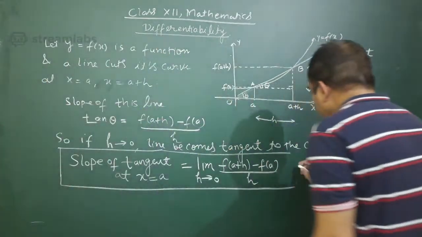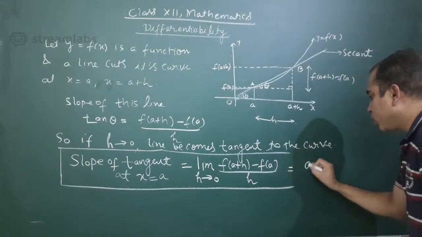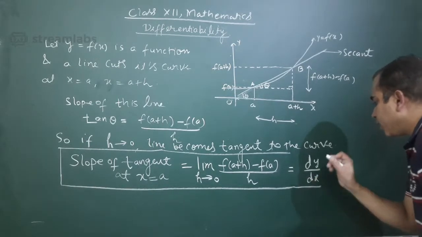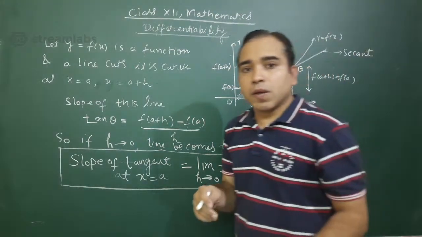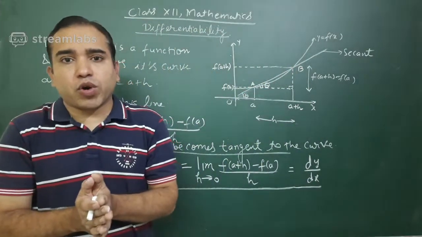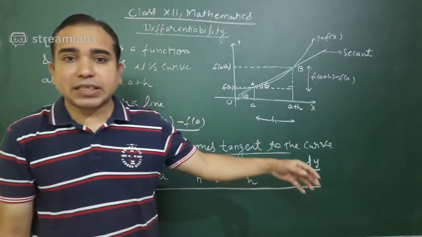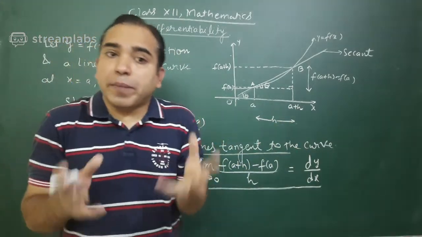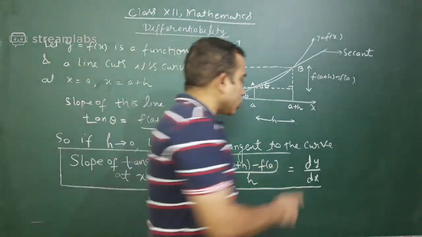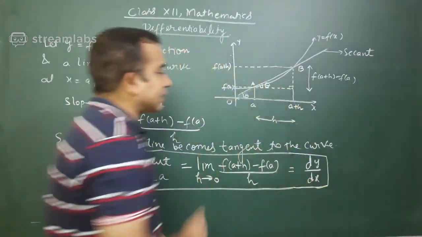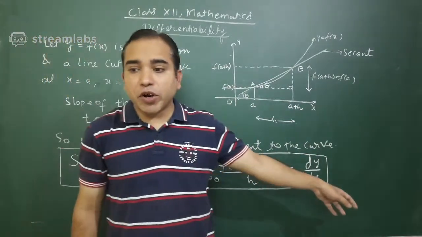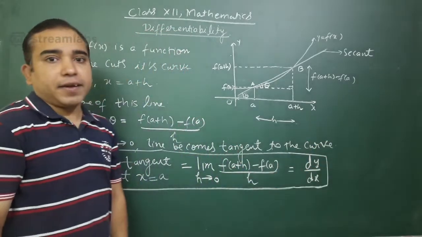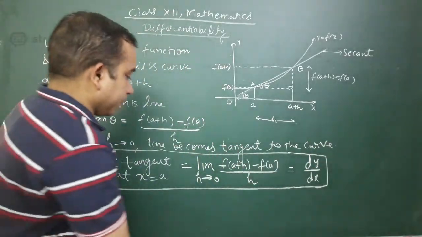So the same value is also called dy upon dx, right? Note that dy is the notation for infinitesimally small change in y coordinate divided by dx. D is used for very small change, not measurable practically even. So this is also called dy upon dx, and we have a special name for it. This is called the differential coefficient of y with respect to x, right?